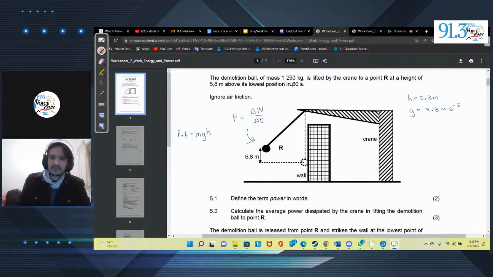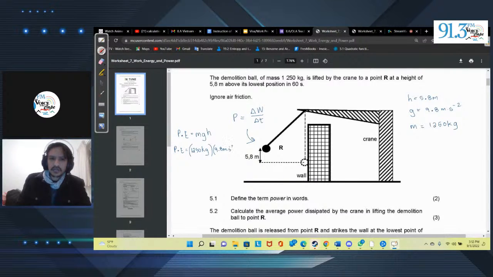And we know that the mass of our ball is equal to 1,250 kilograms. So all we do is we substitute this information into this formula over here. And then we can just go, well, PE is equal to mgh. So we just go 1250. And once again, I know it seems tedious to put in your units, but trust me, it's very important that you do.